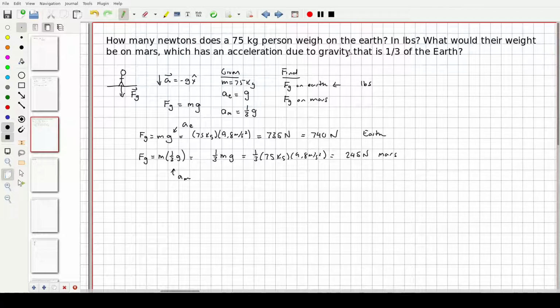Anyway, so let's express this weight right here in pounds. So remember, on the Earth there are 2.2 pounds for every 1 kilogram.